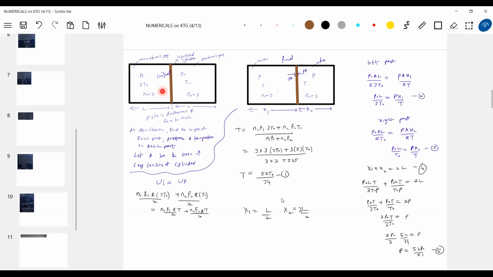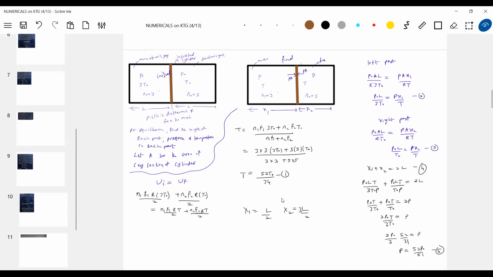The RMS speed of molecules: as temperature changes, the RMS speed of molecules will change. The overall energy of the gas will remain the same because it's insulated, no? So no question of heat exchange from the cylinder to the atmosphere outside. So all the heat exchange occurs between the gases in each part. Therefore, energy is conserved. So what is your approach now?